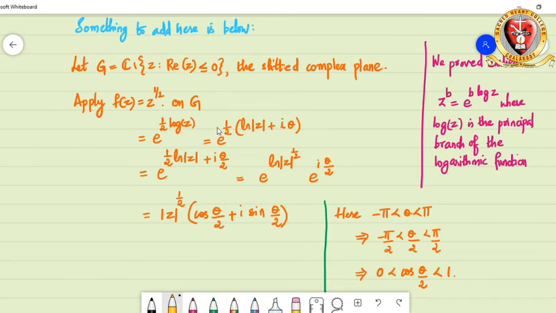We already know that the principal branch is defined as the natural logarithm of modulus of z plus i into the argument of z, right? This argument will be strictly lying between minus pi and pi in this slitted complex plane.